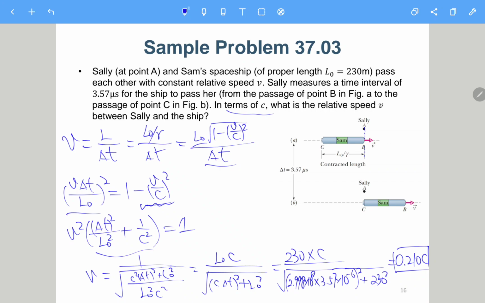And actually, if you just follow the classical mechanics, you just substitute v equals L0 over delta T, which will be a similar value. So this is 230 over 3.57 times 10 to the minus 6 power. Let me just calculate.